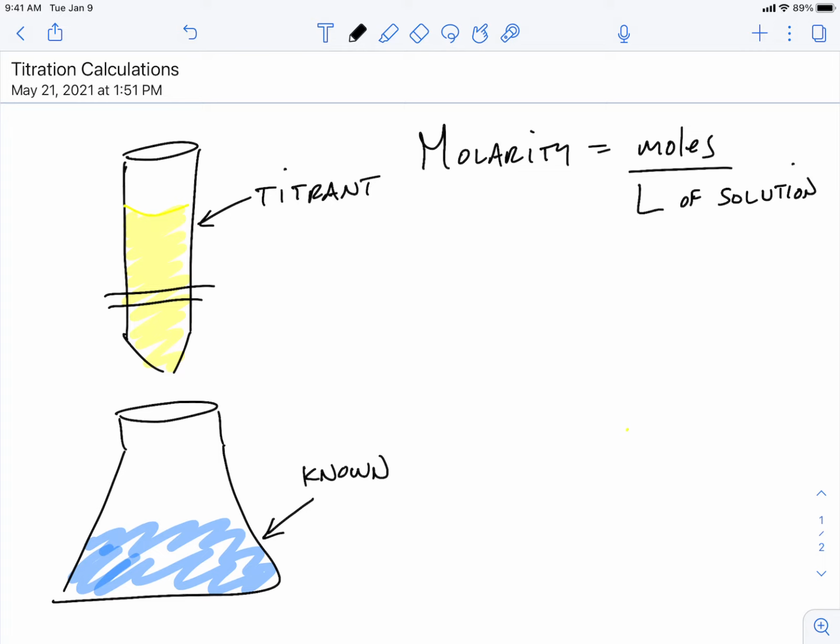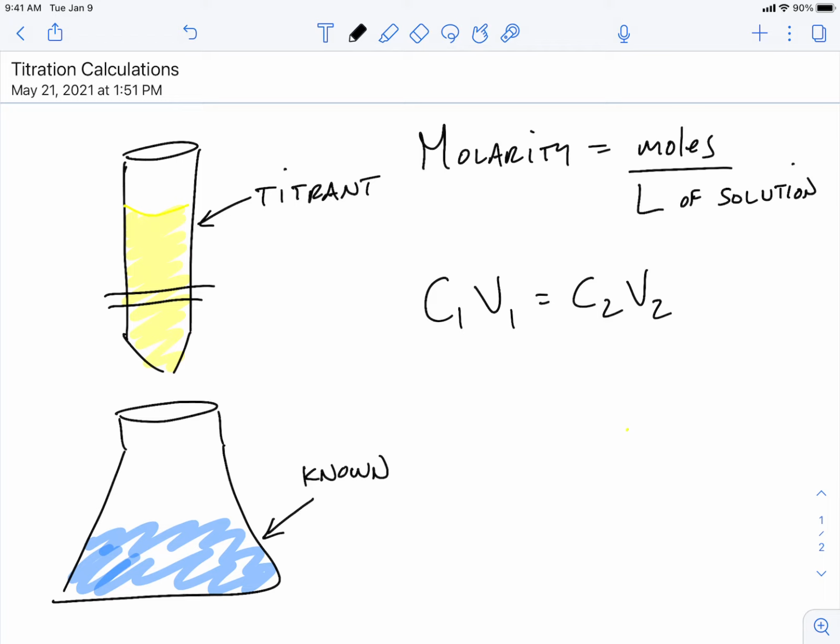The formula that generically fits any way of keeping track of concentration that we would use is C1V1 equals C2V2. C stands for concentration, and molarity could be a unit of concentration that we use, and V is for volume.